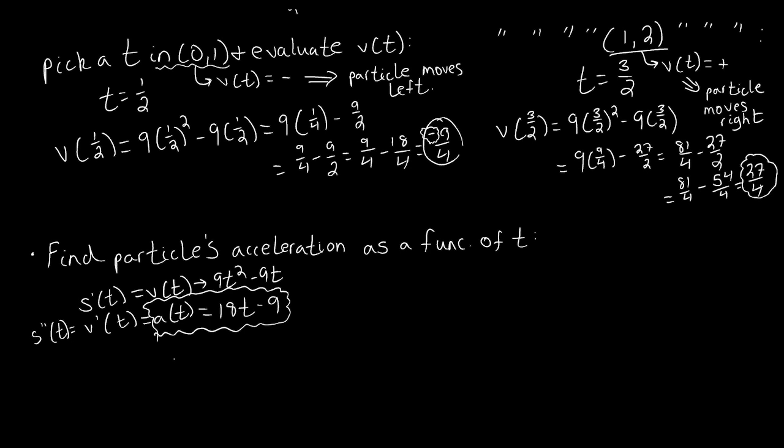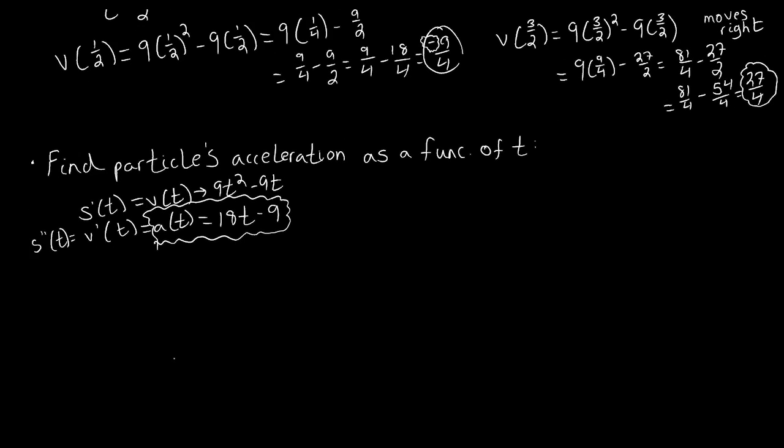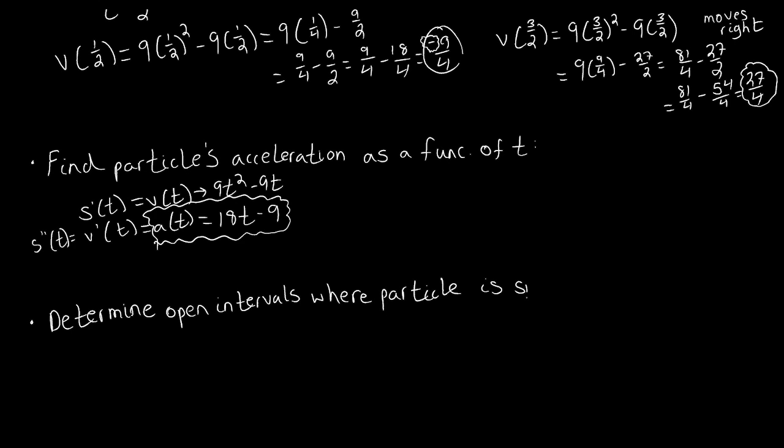So similarly to how we were asked to determine intervals where something's happening with respect to velocity, we're asked something similar, but it's got interesting stipulations within the problem itself. So here what we're doing is determining open intervals where the particle is speeding up and slowing down.